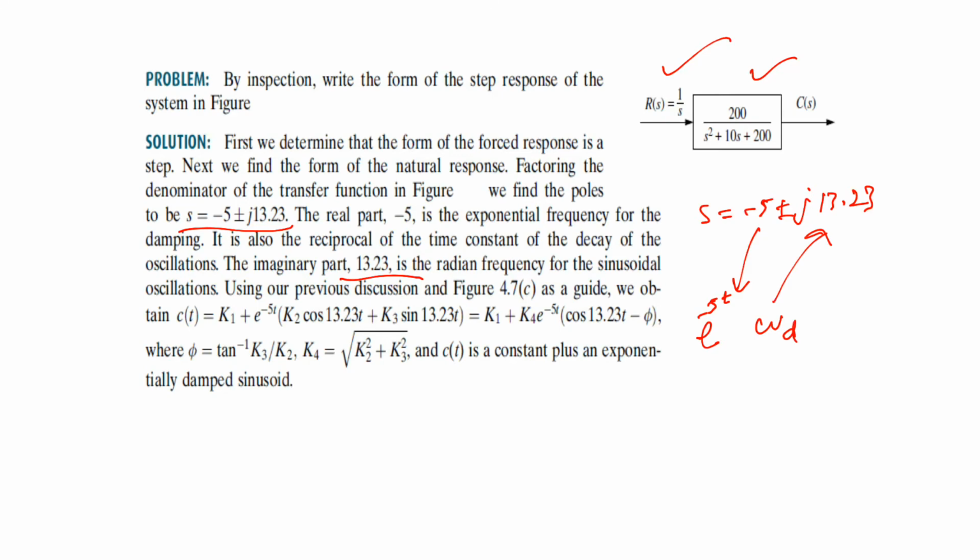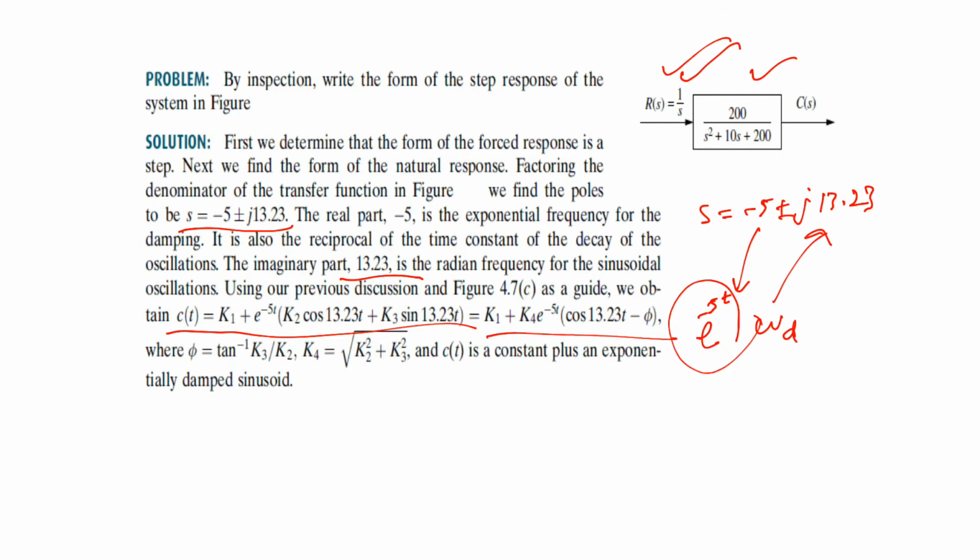So finally the response we are getting in this case is c(t) equals K1, which is due to the step response, plus e to the minus 5t times K2 cos of 13.23t plus K3 sin of 13.23t.